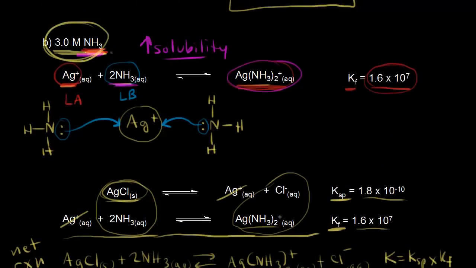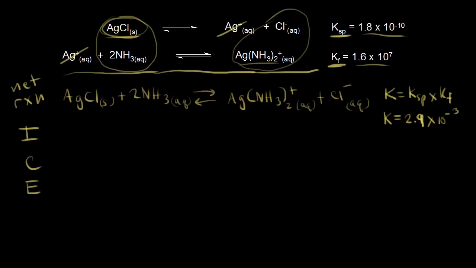Well, we started with a 3 molar solution of ammonia, so let me put that down here. So our initial concentration for ammonia is 3 molar. And if we haven't added any of our silver chloride, then we don't have any of our complex ions. So the initial concentration of our complex ion is 0, and we also wouldn't have any of our chloride anion either, so that concentration would be 0 too.